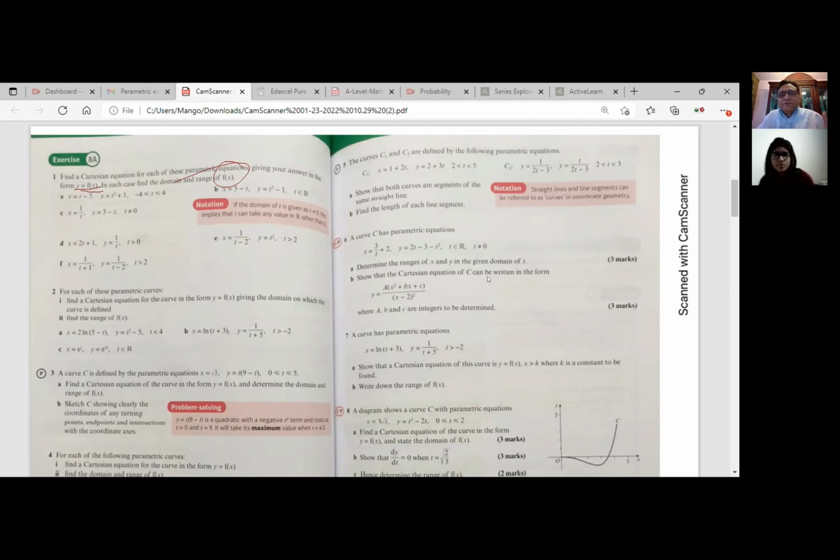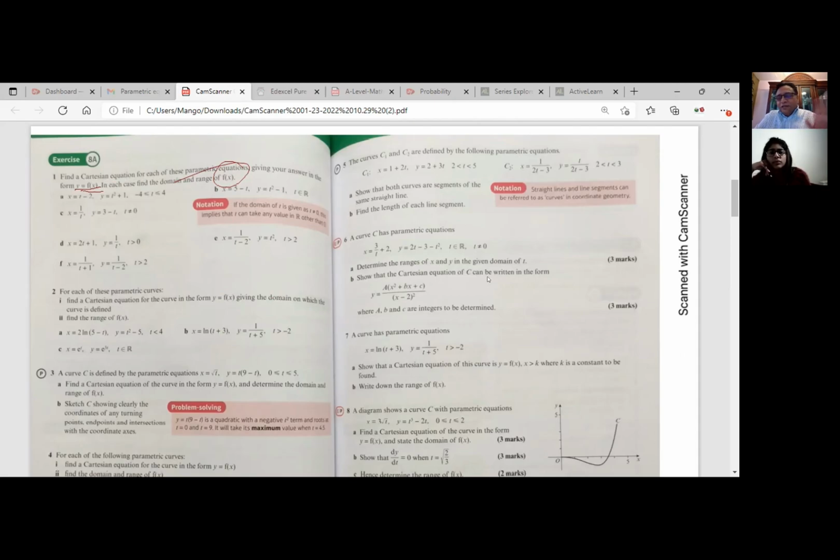If you derive a wrong Cartesian equation, you get the second part wrong also. So if A affects B and C, do B and C directly; don't let A be the one that stops you. That is why I made you read this question twice. It says find the Cartesian equation, then find domain and range. I do not read it like this.